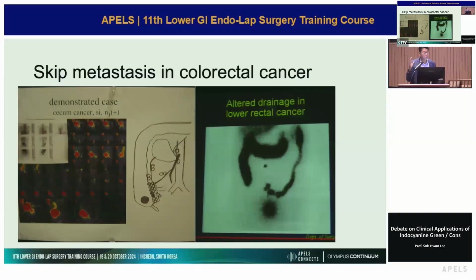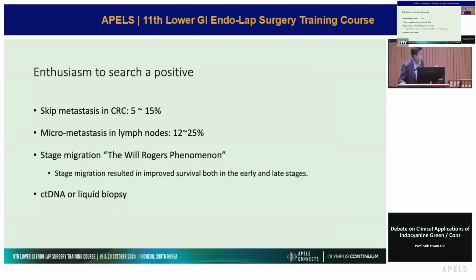After that, most surgeons focused on trying to do sentinel node mapping for colorectal cancer. But a couple of years later, that kind of striking unexpected skip metastasis did not occur very frequently.